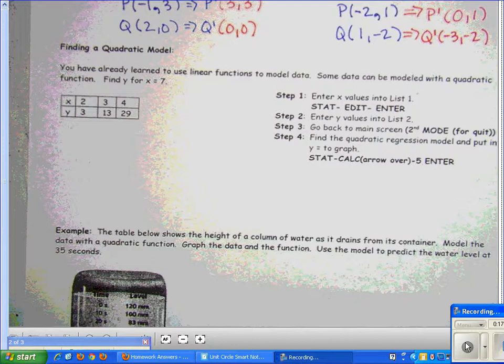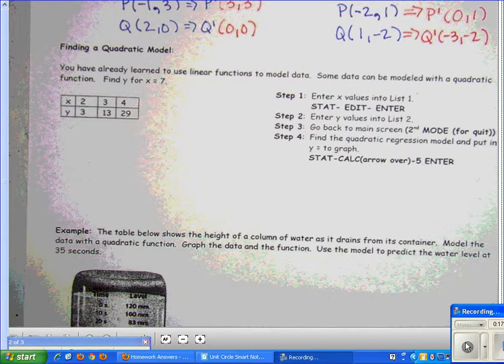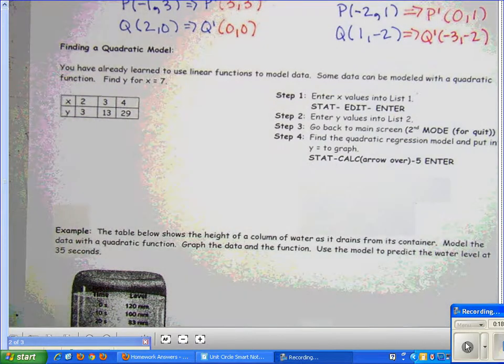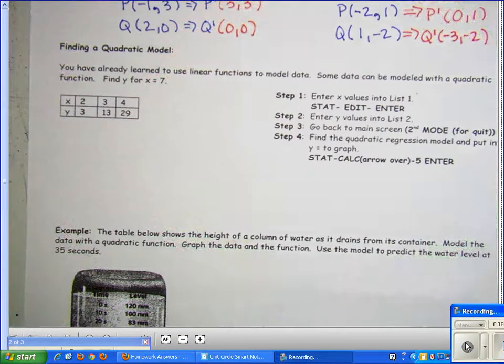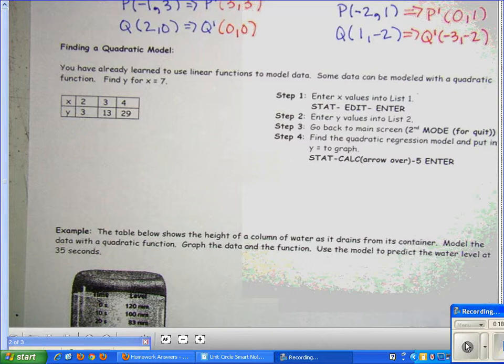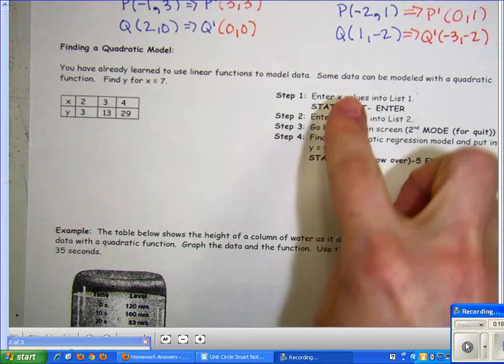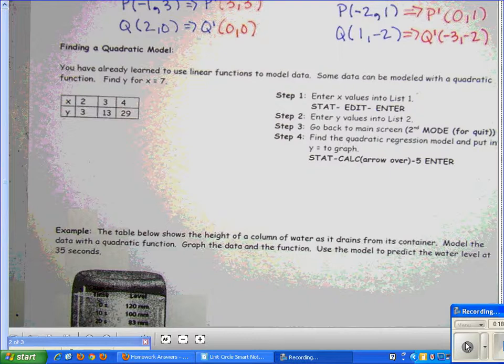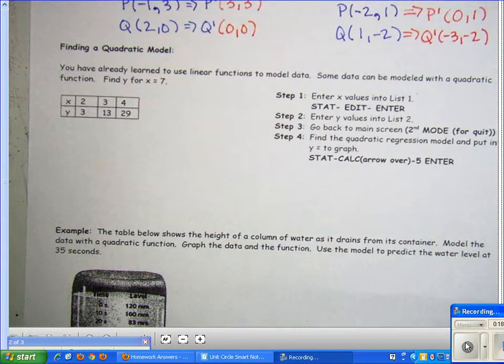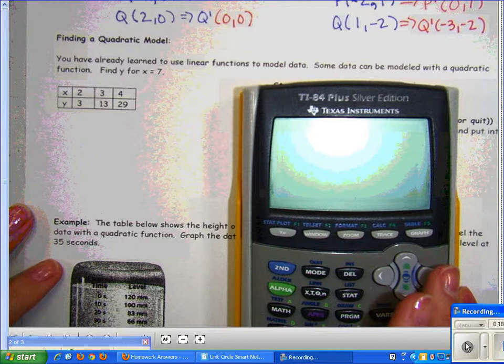Remember that when we were doing linear models and we had a whole bunch of data, more than 2 points, we used our calculator and plugged it into our stat plot. So we're going to do the same thing. This is all written right here for you if you don't remember, but get out your calculator and make sure you're doing this with me as I go.